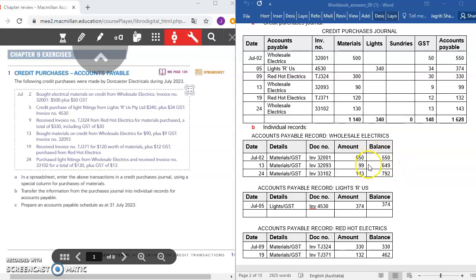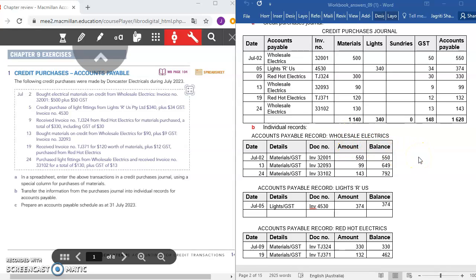So again, as I said in my slides, it's going to be the running balance. Next is Wholesale Electrics again, July 24th, materials GST, invoice number this, $143 total, and then 649 plus 143 is 792, which means $792 is the total accounts payable to Wholesale Electrics. So this is the total money you need to pay to Wholesale Electrics.